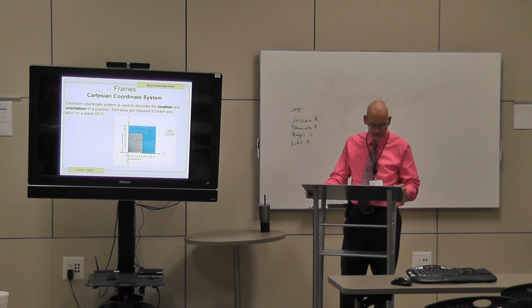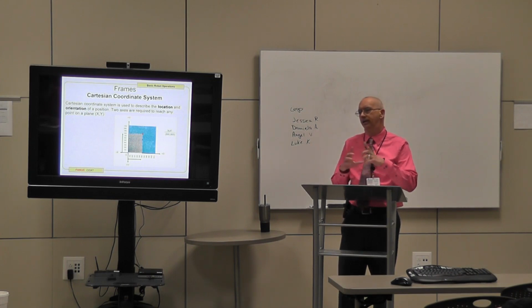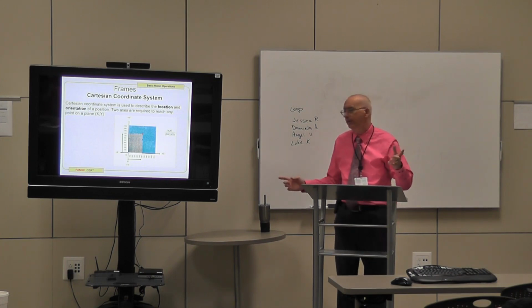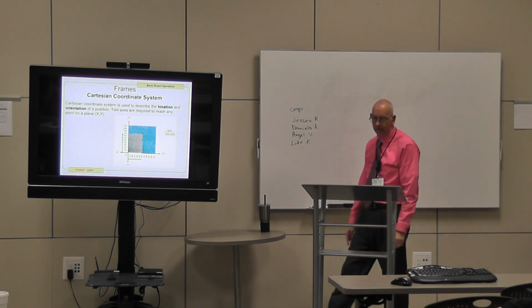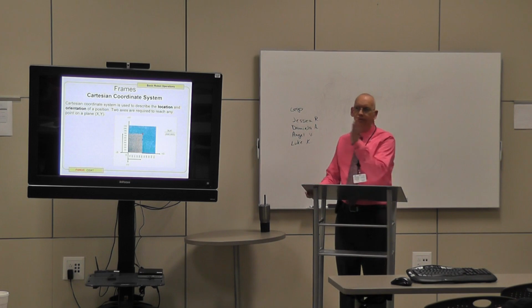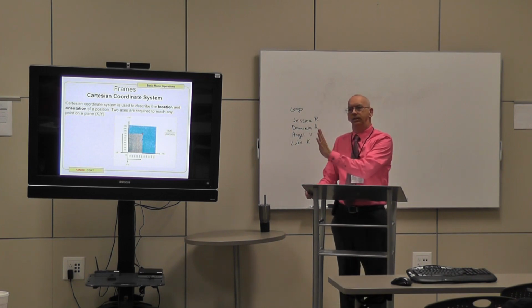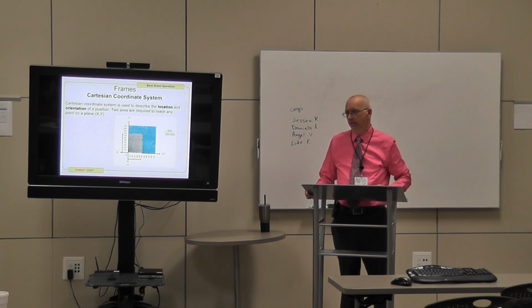There are two axes that are required to reach any point on the plane. That's our X and our Y. Okay, you have to think of it as a grid, right? You have a grid where you have your X and your Y, and you learn this in math. You go out so many millimeters in the X, you go up so many millimeters to the right. That is going to be part of your Cartesian coordinate system.